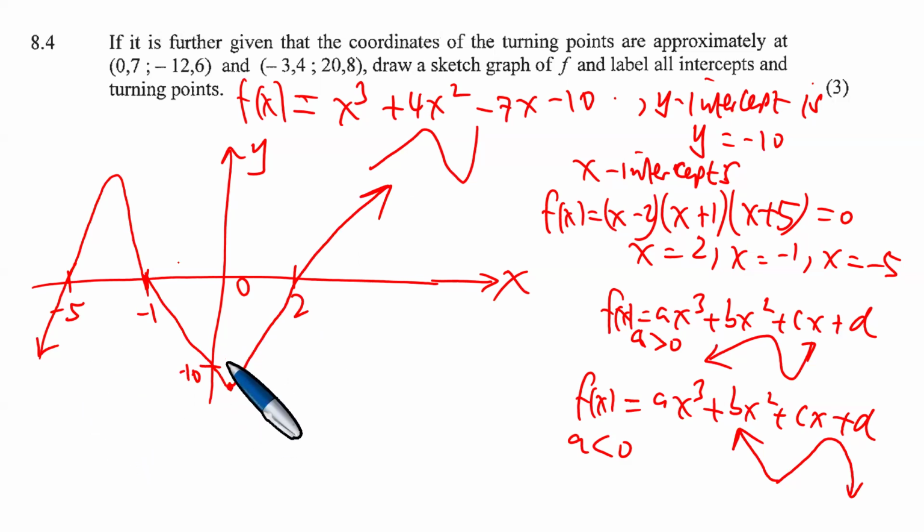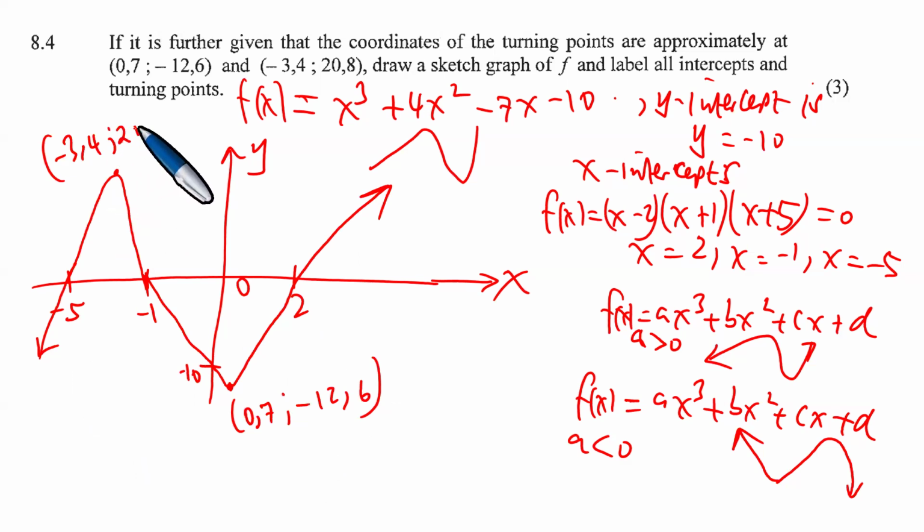Now, so we have 0.7, minus 12.6, minus 3.4, 20.8. All right, so this is the shape we have.